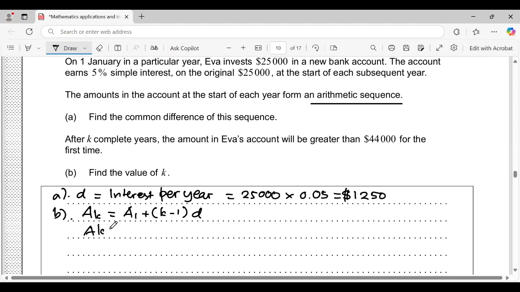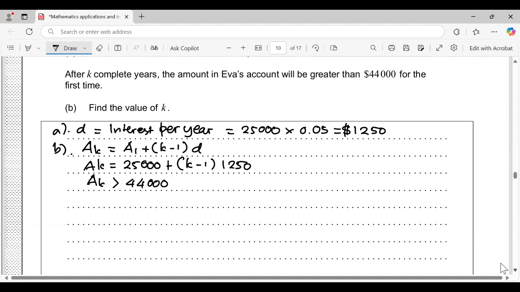So A_K equals 25,000 plus K minus 1 times 1,250. And we want to find the value of K when A_K is greater than 44,000.